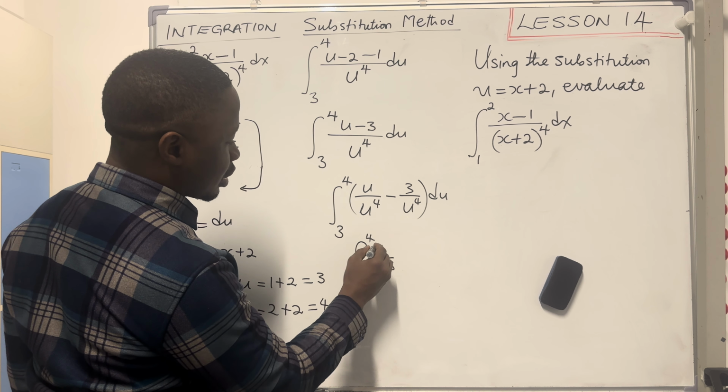With this minus 4, how do we integrate? We add 1 to the power, and the new power becomes minus 4 plus 1, which is minus 3. Do we need to say plus C? No, because there are limits 3 to 4. Plus by minus is minus, half u to the power minus 2. This and this is plus. This takes away this. u raised to what?